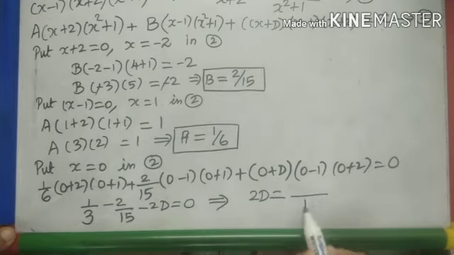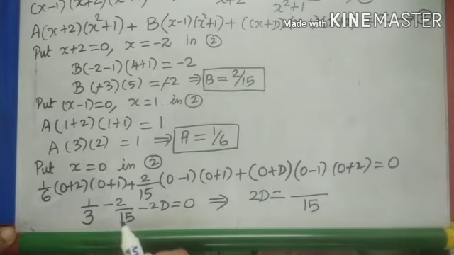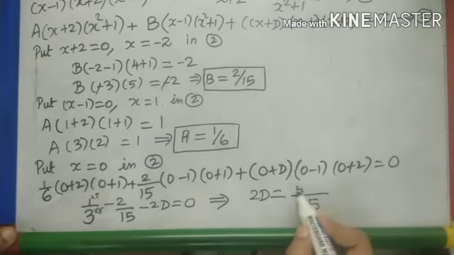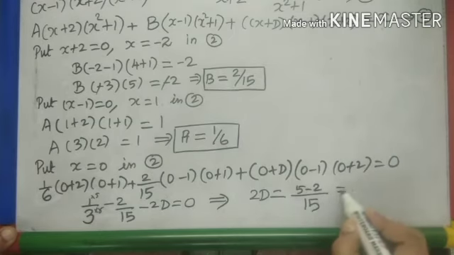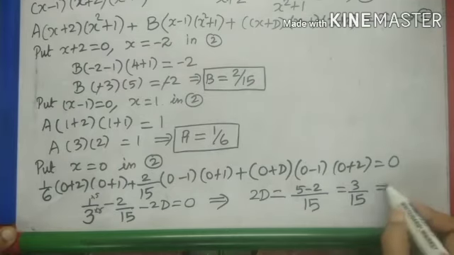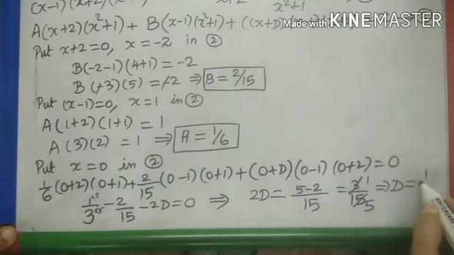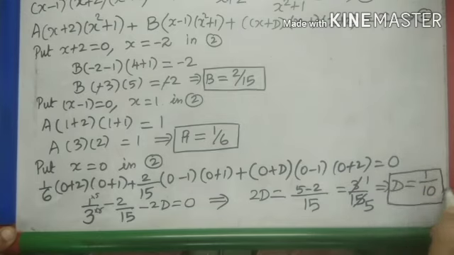Take LCM 15 for 3 and 5. Cross multiply into 5, so 5 minus 2, that is 3 by 15. So d equals, bring 2 down. I can cancel this, 1 by 5. So d equals 1 by 2 5s are 10. So by putting x is equal to 0, I have achieved the d value.